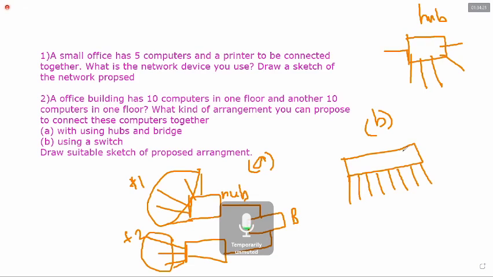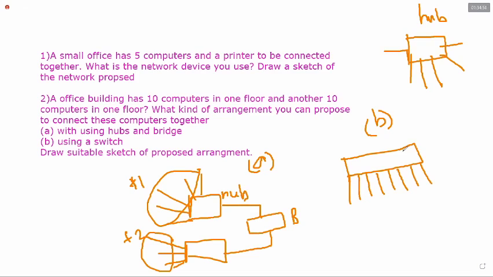Madam, if the office building has 2 departments, it may be proper than A, I think. Because if it is 2 departments, the probability of sending data from one department to the other department will be low. Yes, right. So that can be one arrangement, if it is like that.